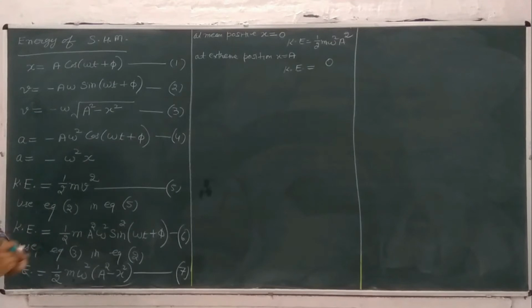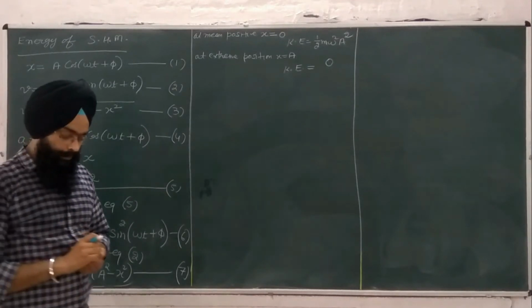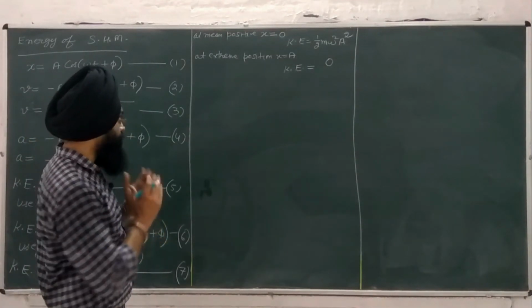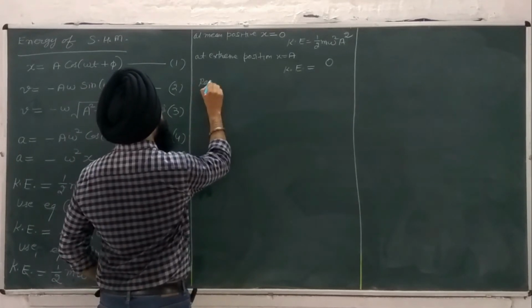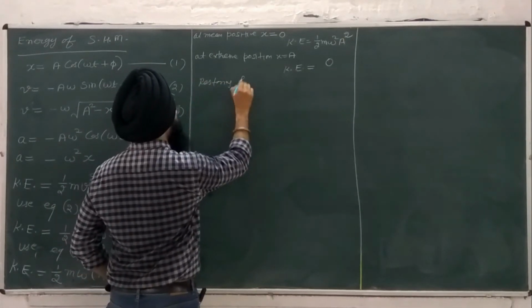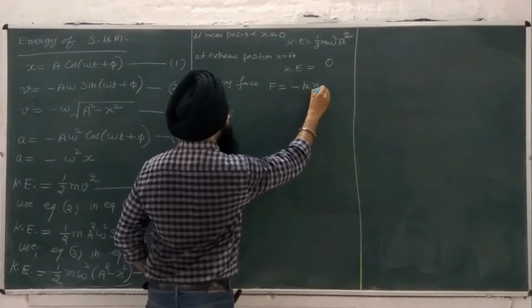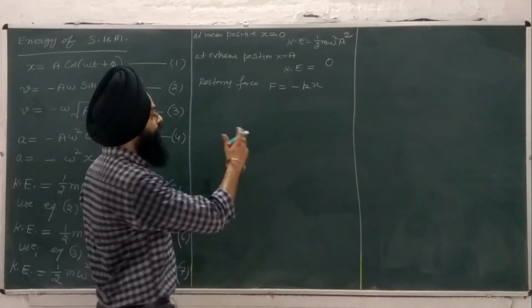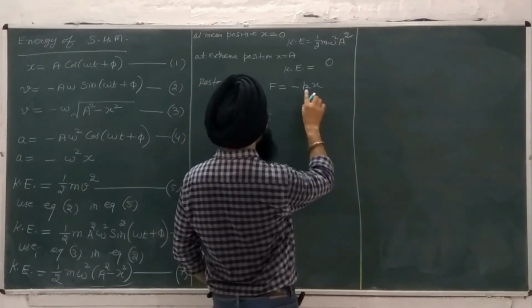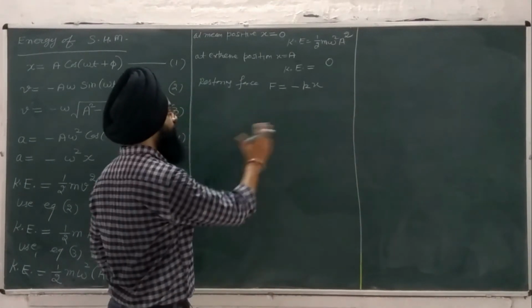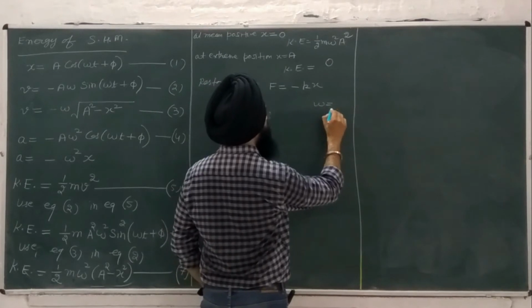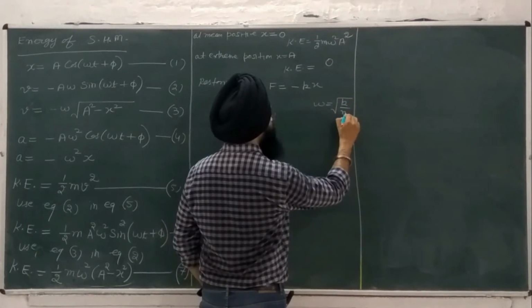So now we will switch toward the potential energy. We know that the restoring force in simple harmonic motion is F equal to minus kx, where k is the spring constant, related to omega as omega equal to under root k by m.